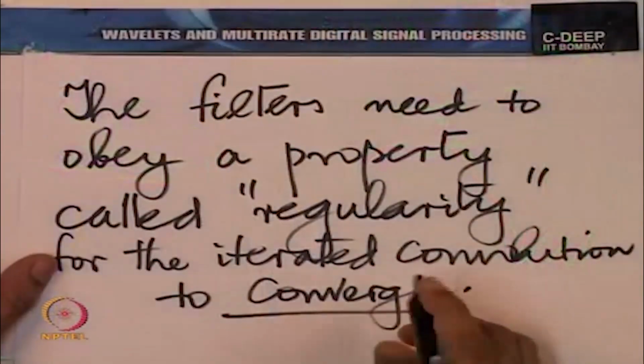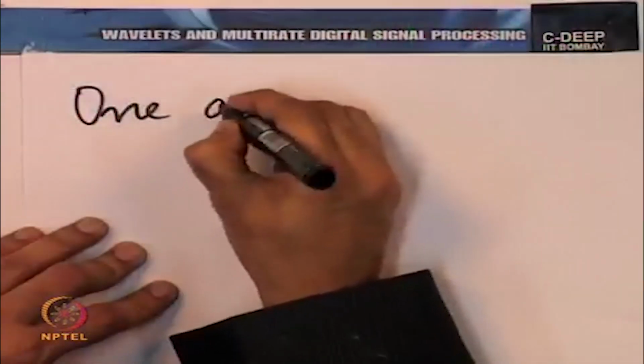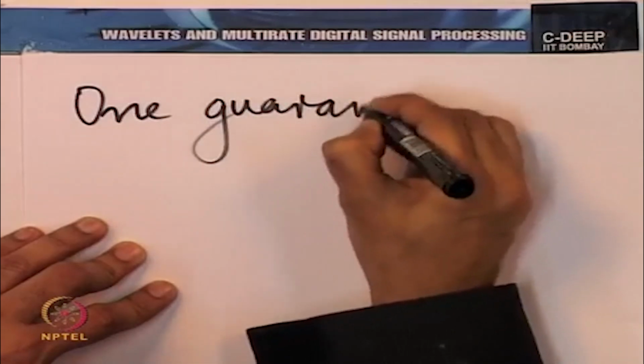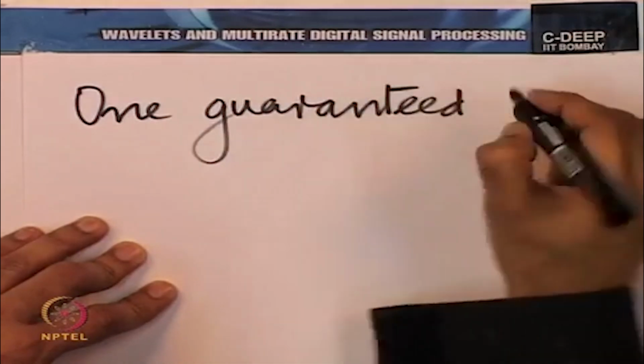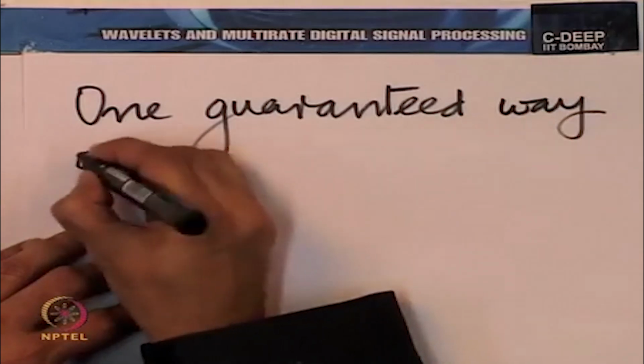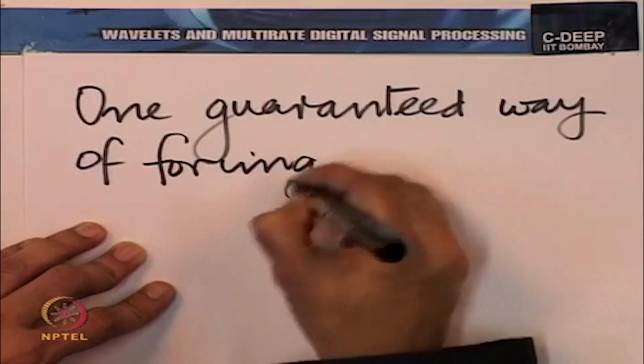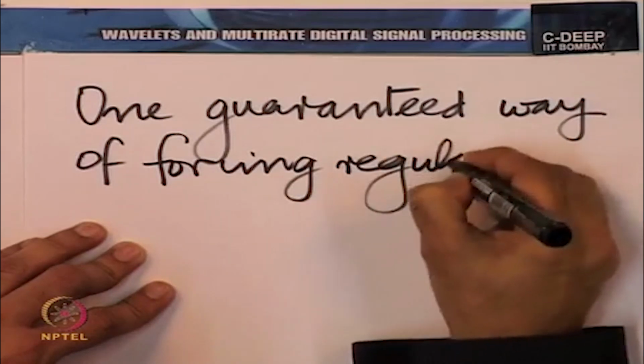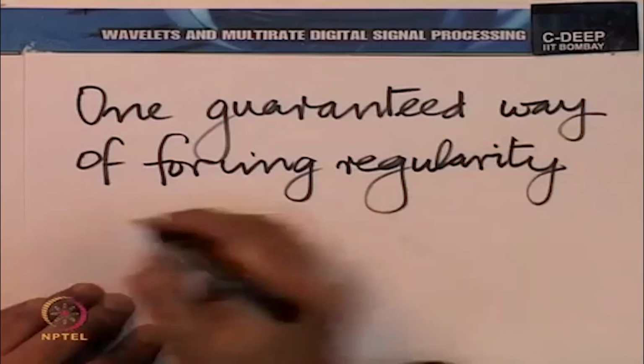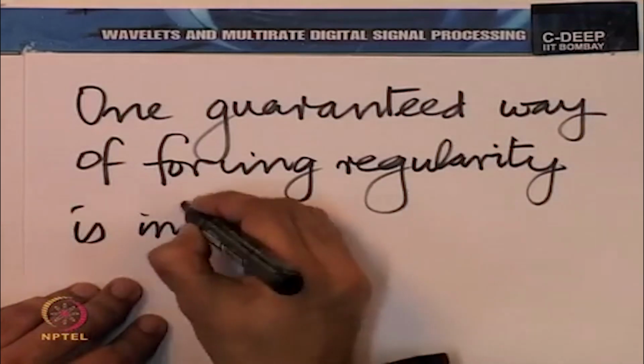So, whatever it be, this regularity in this case comes from the presence of zeros. So, one guaranteed way of forcing regularity is introduction of factors.